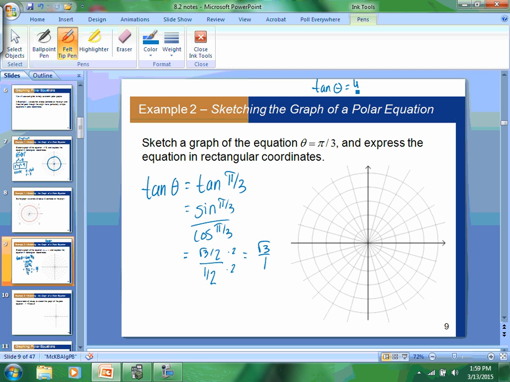Now remember, our tangent theta is equal to y over x. So my tangent theta value is the square root of 3 over 1, and that's equal to y over x. So now if I take a look at this little part right here, I have a proportion, and now that I have the x and y in there, I can cross multiply.